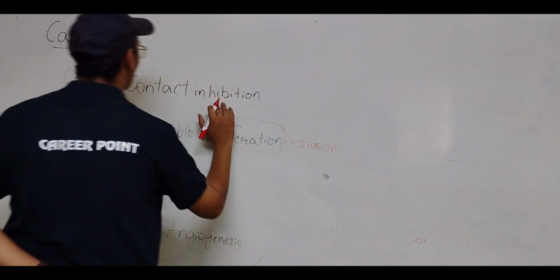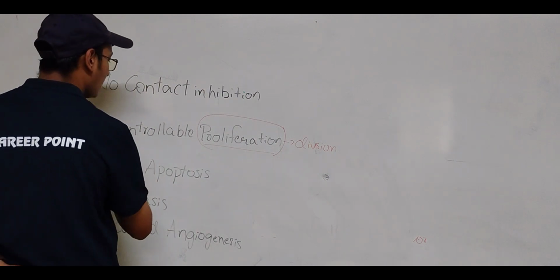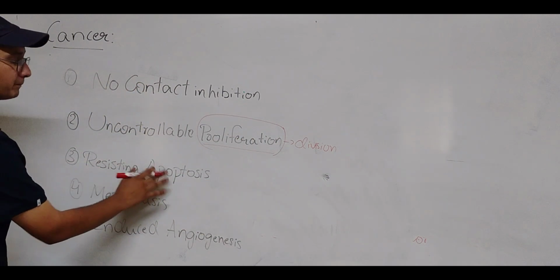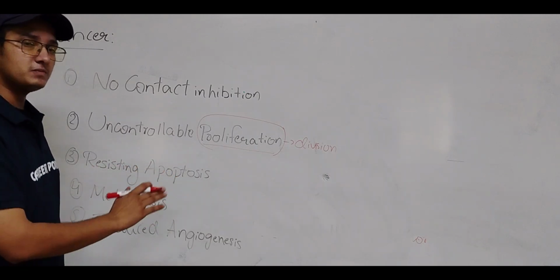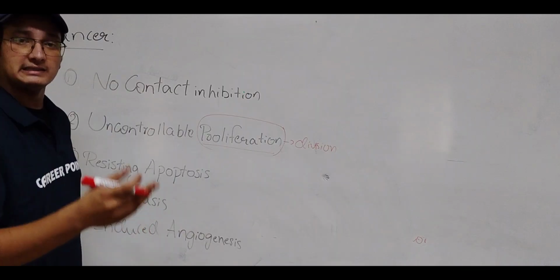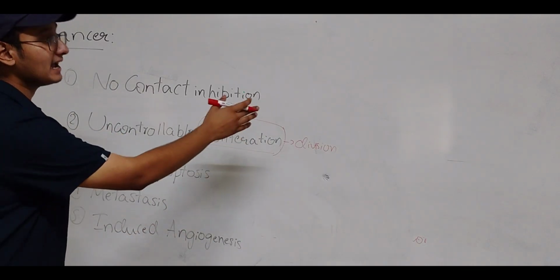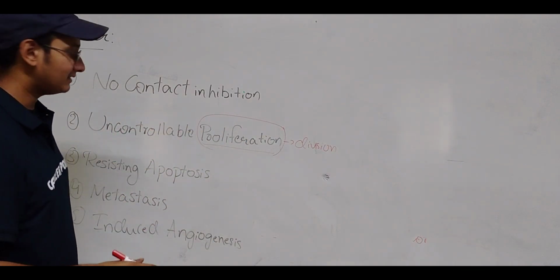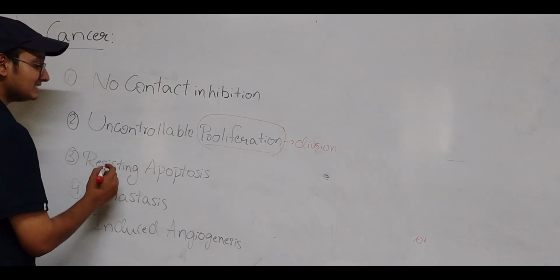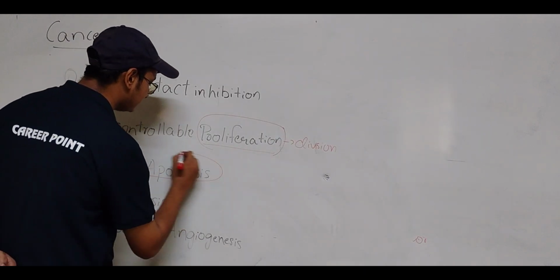And this resists the apoptosis. If you take the normal cell, at one stage, when they get older, they die. But if we consider cancer cells, they don't die at all. They just grow and grow and grow. That's it. So they resist apoptosis. Apoptosis means death.